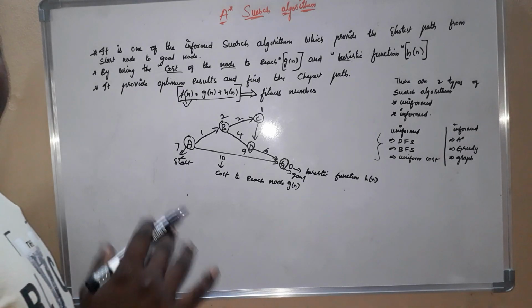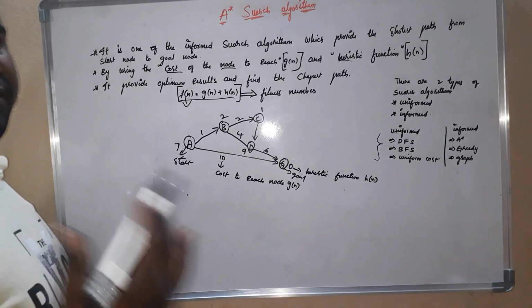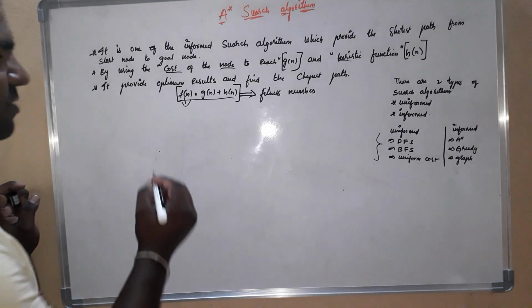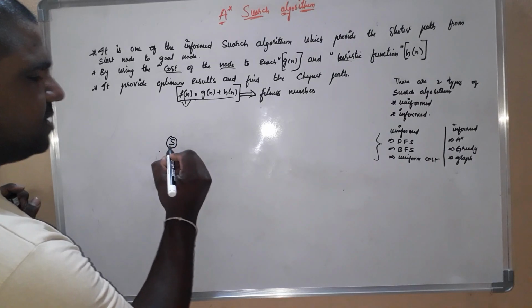Okay, let me go with one example and we will discuss. Let me go with a problem and the solution of the A star algorithm. First, suppose S is the start node.